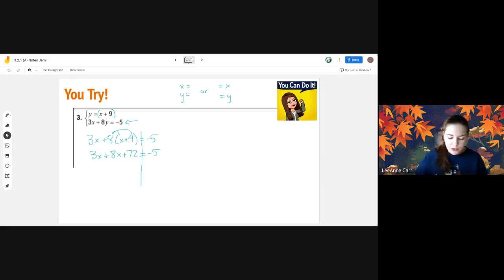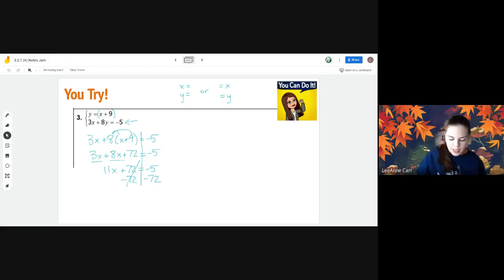Continuing on, I notice I have a couple like terms, so we can combine this 3x and the 8x to give us an 11x. Since they're on the same side, we didn't have to use inverse operations. And now again, we're down to that couple and third wheel situation. So I'm going to subtract 72 to get rid of the third wheel.